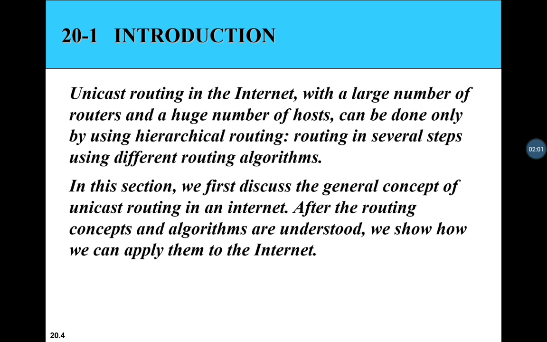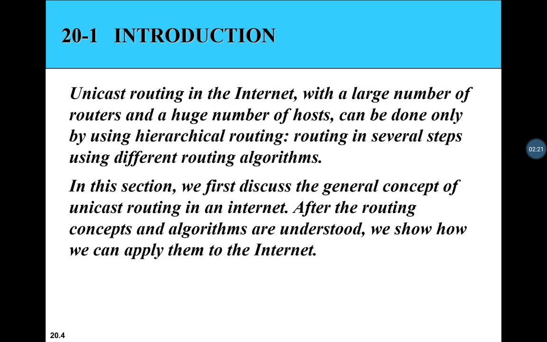Unicast routing in the internet with a large number of routers and hosts is done using hierarchical routing, that is routing in several steps using different routing algorithms. That is what we'll be studying in this.